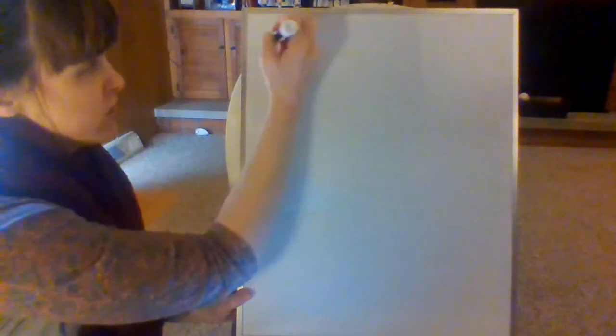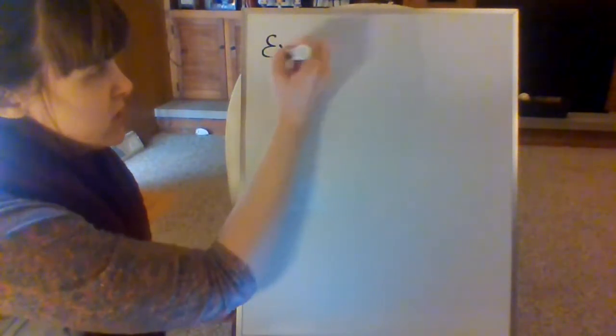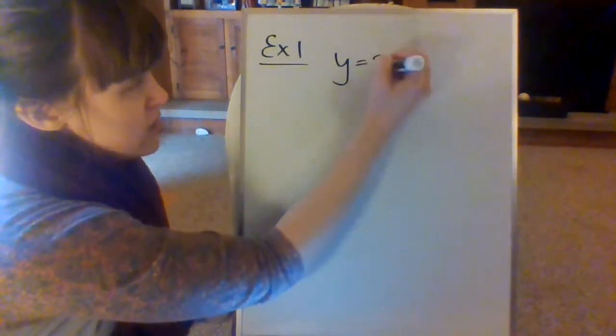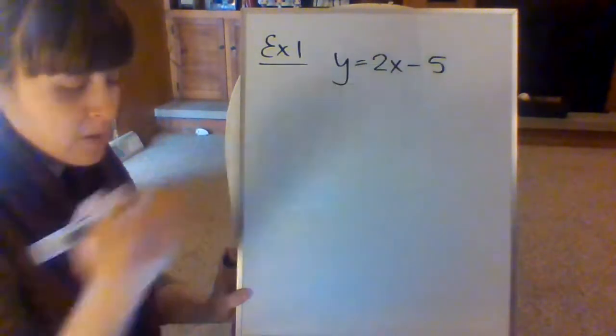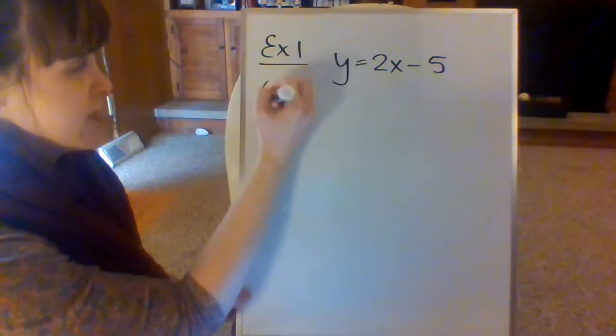So we're going to start with the examples now. We're going to look at example 1. It says, write the equation of the line that is perpendicular to y equals 2x minus 5, and it passes through the point 4, -1.